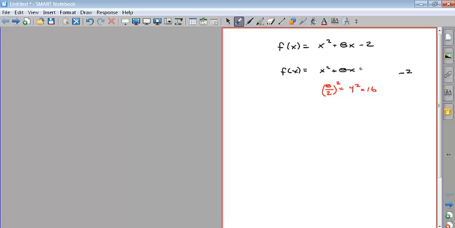So we'll add 16, and we will subtract 16. And then we can take the first 3 terms and collapse those into a perfect square. The number used is 4 here. Whatever this number is, it's not always 4, but squared minus 18.